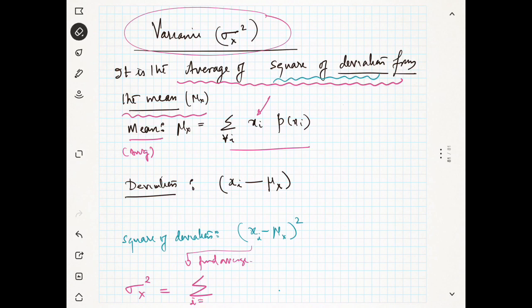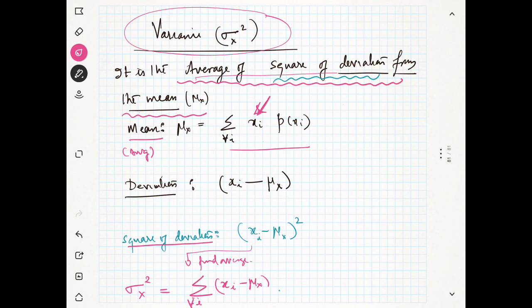That means I have to sum for all i varying from 1 to however many elements there are. Now, instead of xi as in the previous case, for the definition of the mean, here we have to consider xi minus mu x, because I am finding the average of the deviations, the average of the square of the deviation.